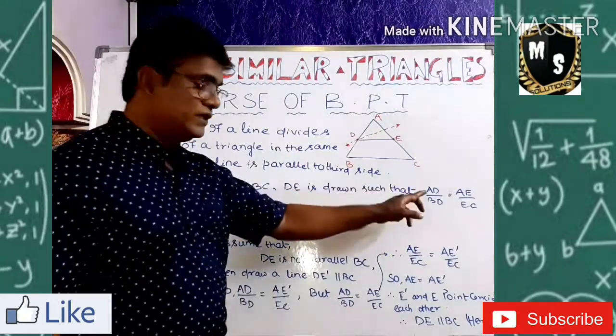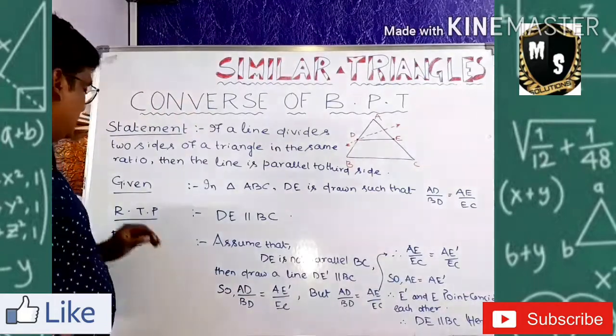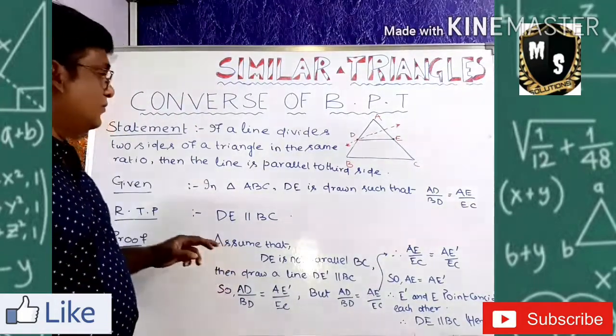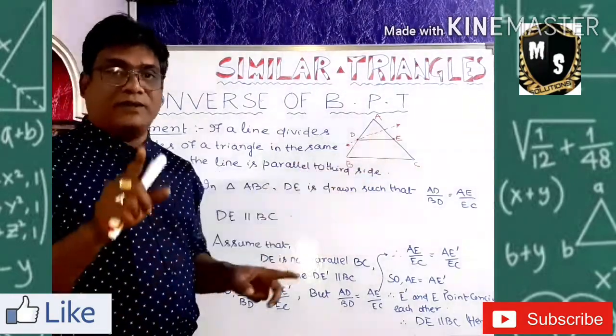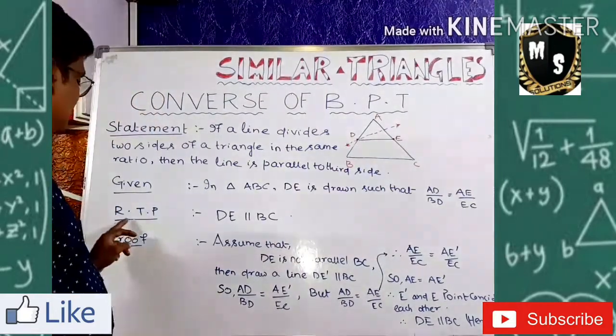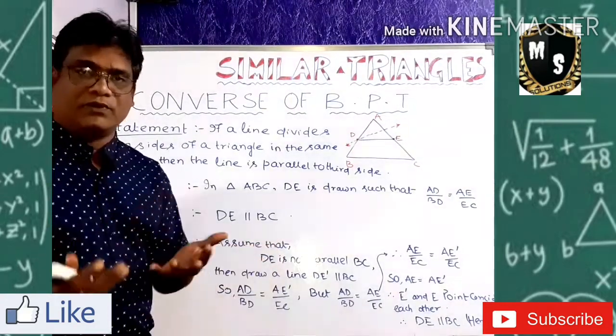So take the ratio AD by BD and AE by EC; they are equal. Now, what is RTP? Required to prove: we have to prove that this line DE is parallel to BC. So, required to prove is DE is parallel to BC. We are going to prove that.